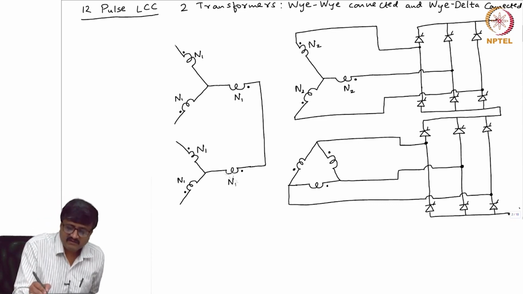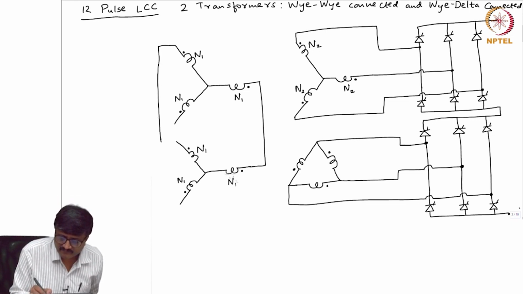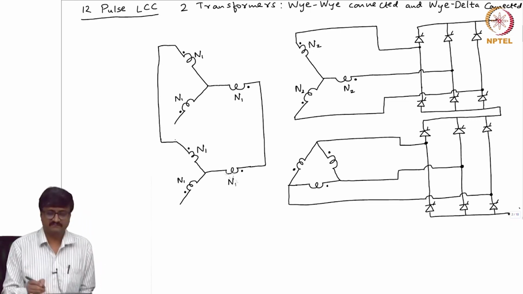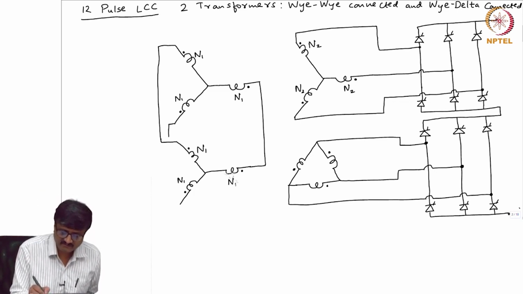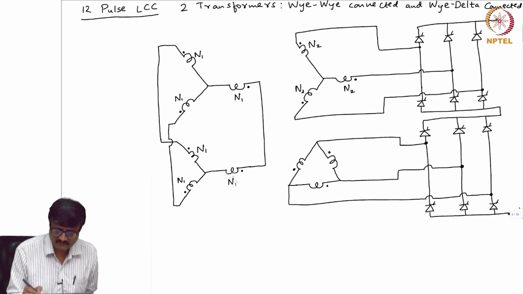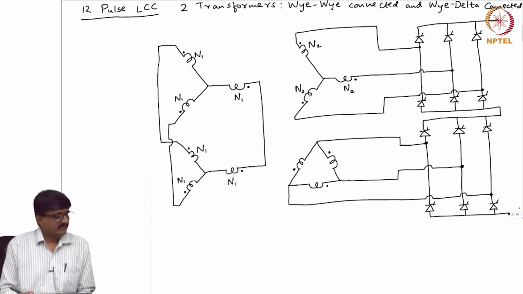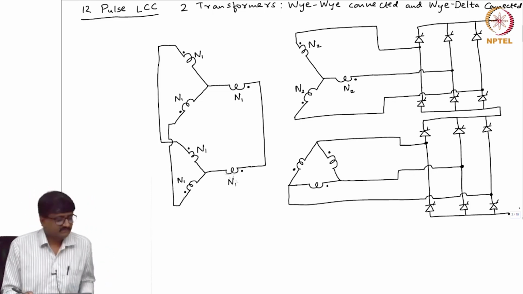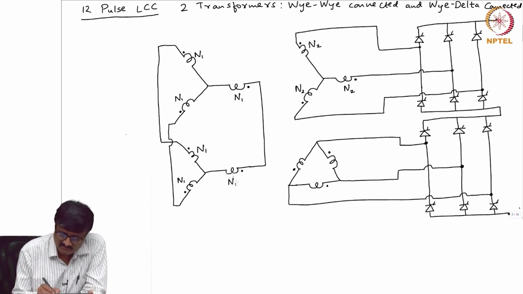Then I take this terminal and connect it to this terminal, and finally take this and connect it to this terminal. And I also bring out these three terminals corresponding to the three phases.